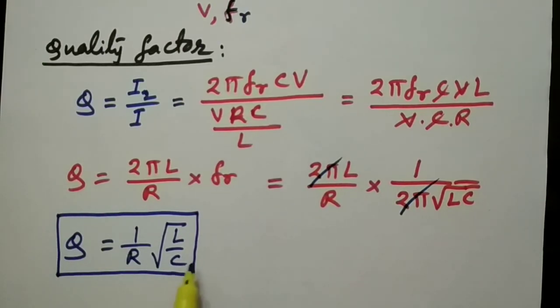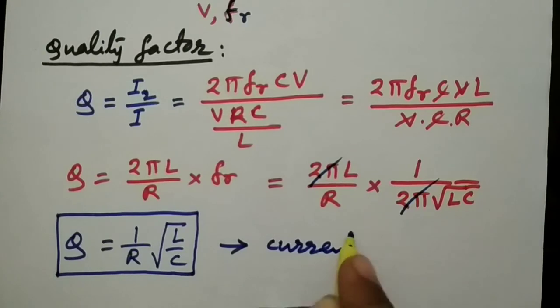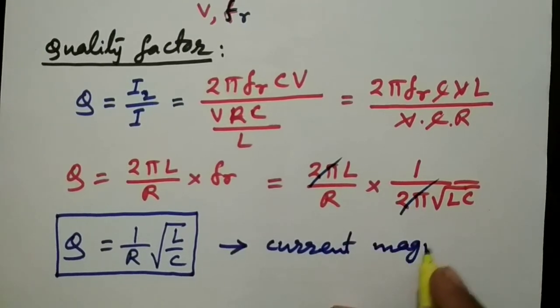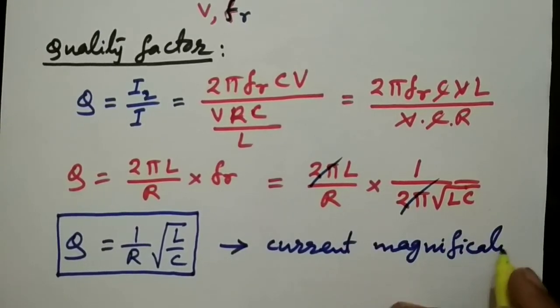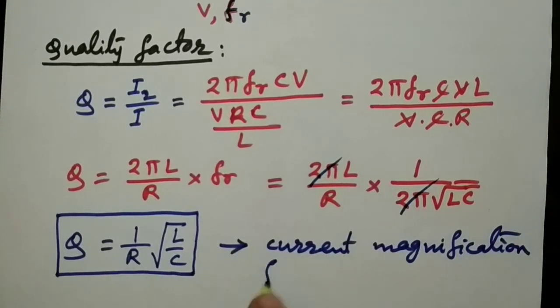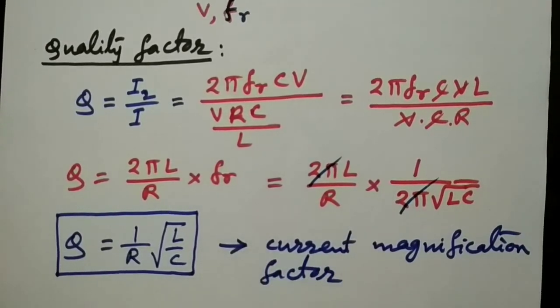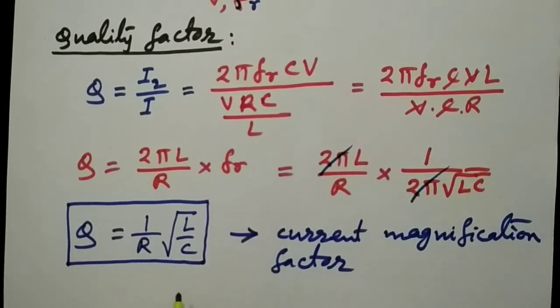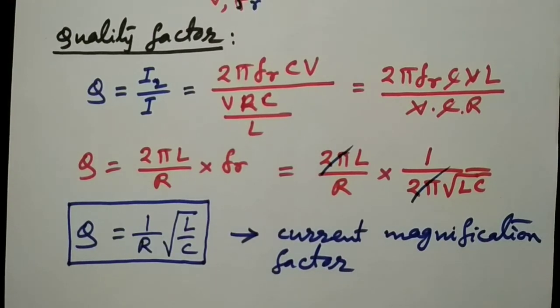And the expression of the quality factor is same as that of the quality factor in the series circuit. But here the quality factor indicates the current magnification factor. It is called the current magnification factor. And in series circuit, the quality factor indicates the voltage magnification factor, because in case of series circuit, the voltage is magnified, and in case of parallel circuit, the current is magnified.